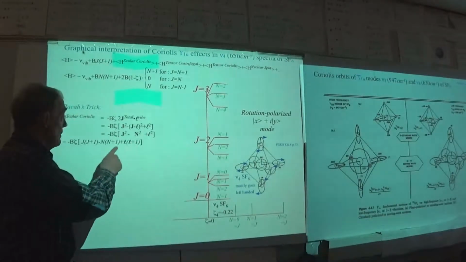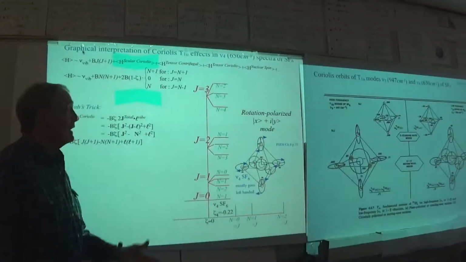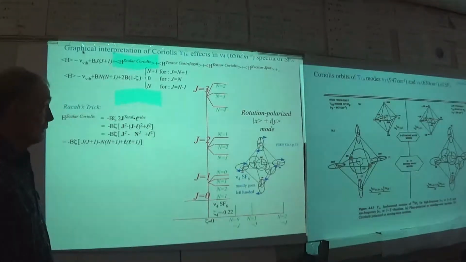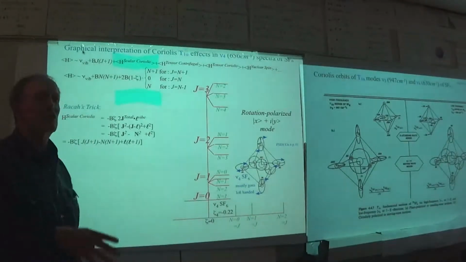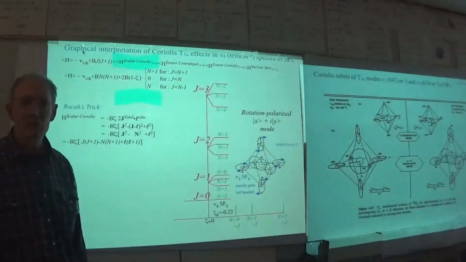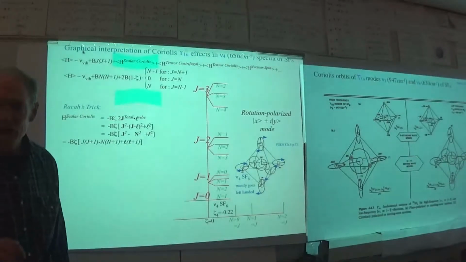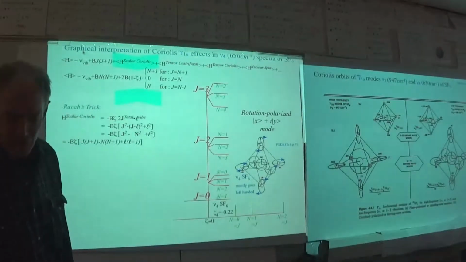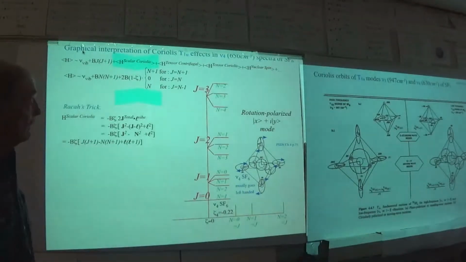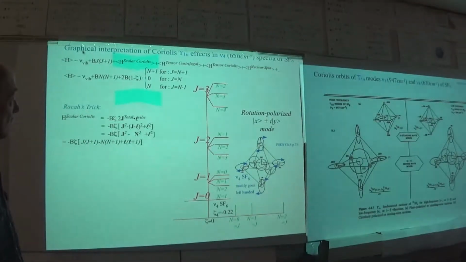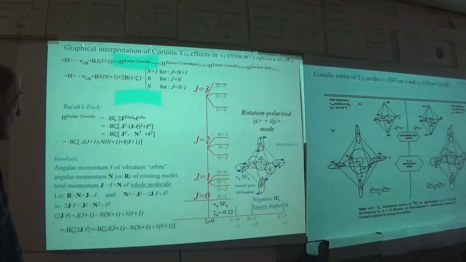So you just put down the quantum numbers for those three angular momenta, and you've got a formula for where the Coriolis levels are going to be. That's pretty tricky. We could have done this a little bit as we went into the spin orbit calculation, but we were so busy getting the determinants and all that sort of thing, I didn't point that out. But there is a quick way to get some of the answers like that. This is one really good one.